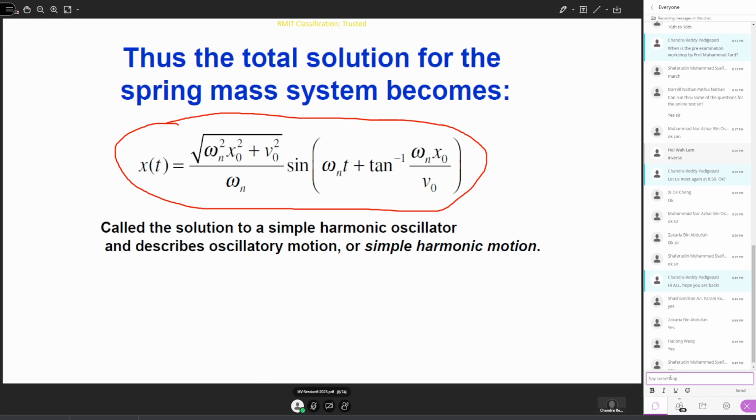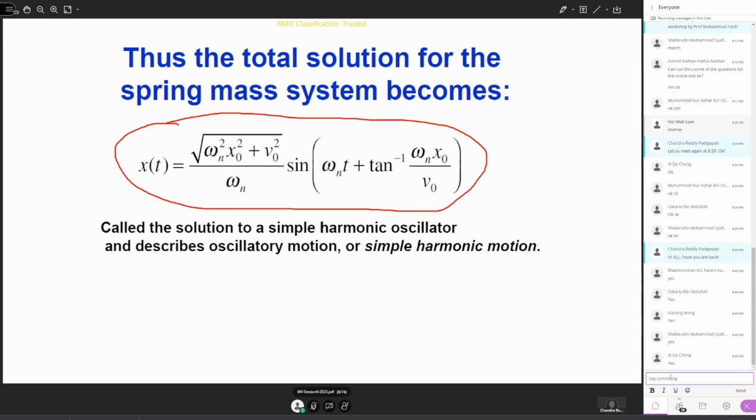Here, for any time, the displacement of the system can be given in terms of the natural frequency and in terms of the time. So as the time varies, the displacement of the mass varies. So this is the response of the system.